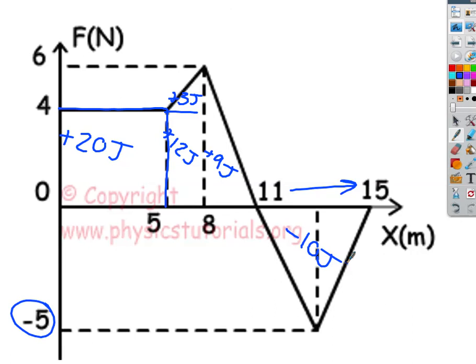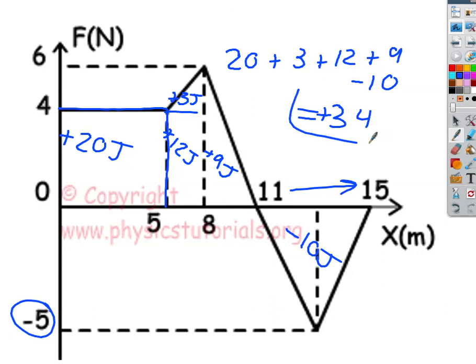So if I add all these up, 20 plus 3 plus 12 plus 9 minus 10, that gives me 23, 35, 44 minus 10, 34 joules done on the object. It gains 34 joules of energy.